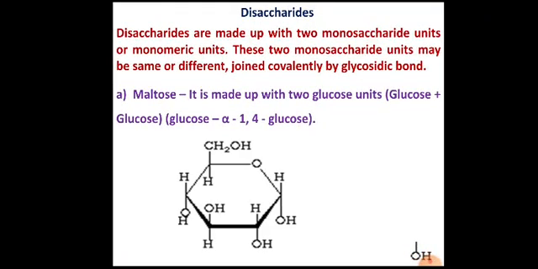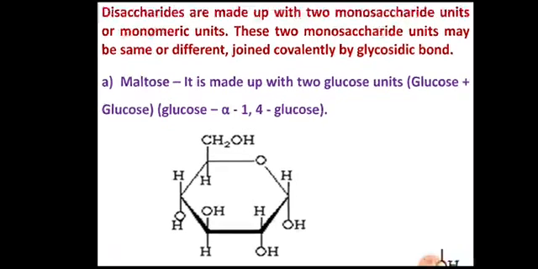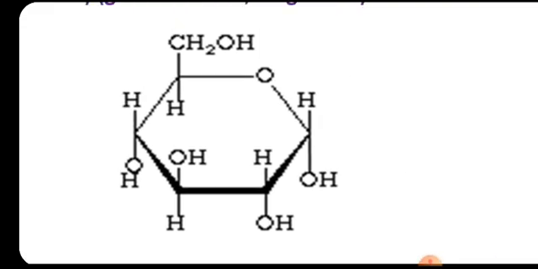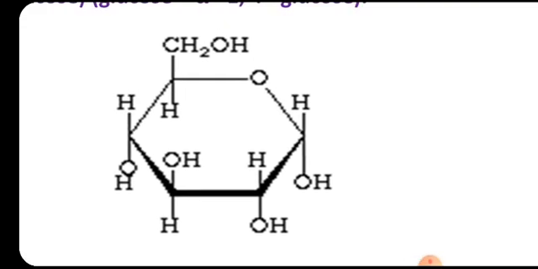Before that, as I said, you need to draw a complete structure of glucose. Presently, you need to pause this video, take a notebook and draw a structure of glucose in ring form. This is the structure of glucose in ring form as we have discussed earlier. It consists of 6 carbon atoms.